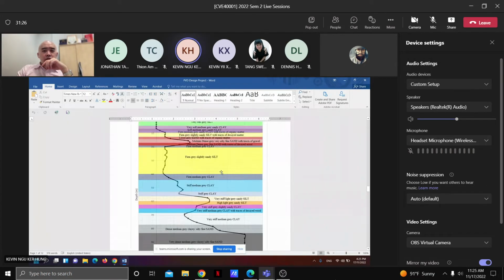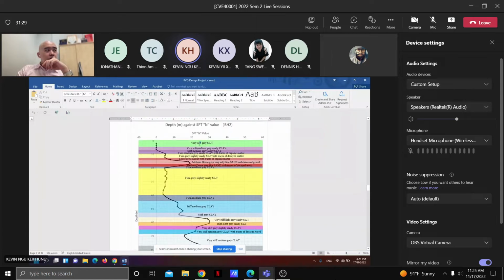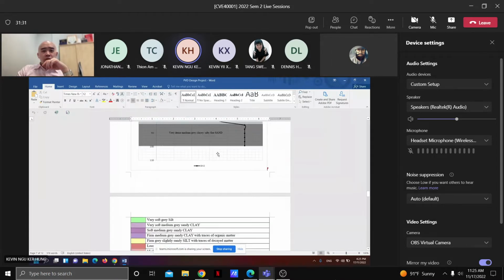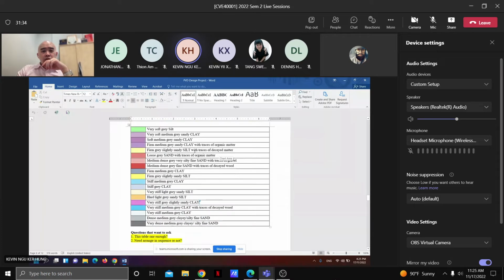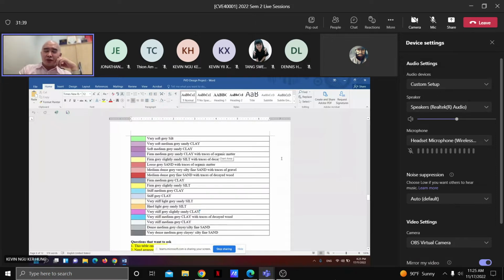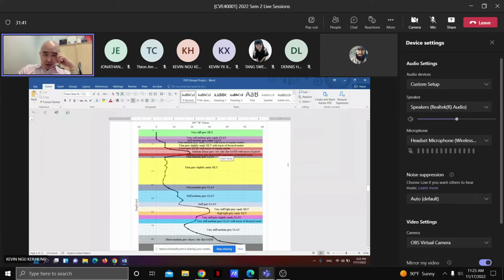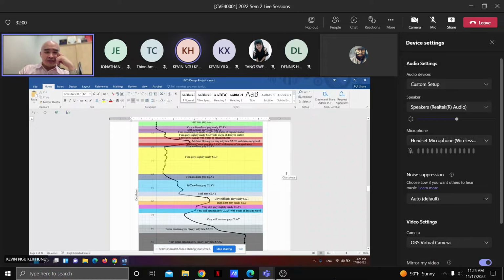For this graph, can we just write the name of the layers inside the graph, or do we need to put them inside a different table like this? Hang on, you should just go up to the plot again. This is the SPT and the depth. I think like this is okay, but wow, this is overkill. It's okay. Oh, so this is just fine. Yeah, it's fine.